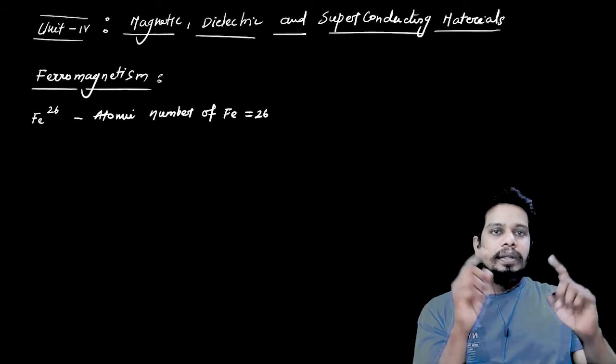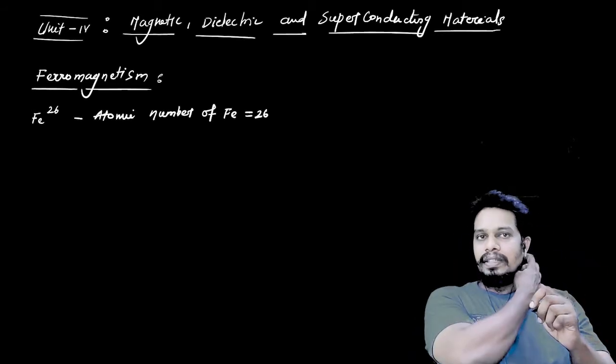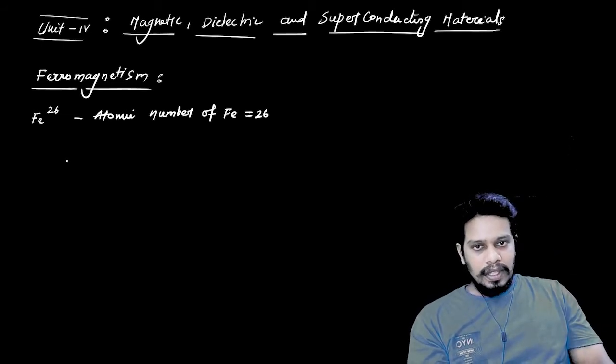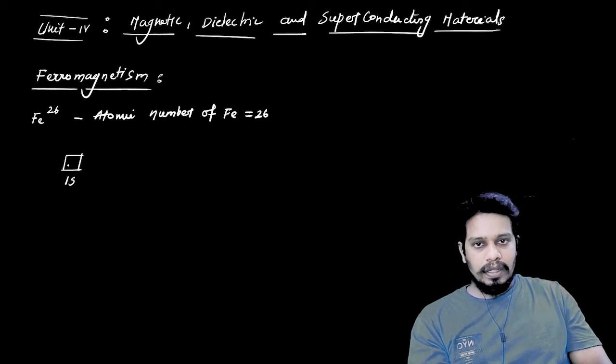So how many unpaired electrons are there in iron? We just have to fill up the electronic levels. The first orbital is the 1s orbital, which will have two paired electrons.